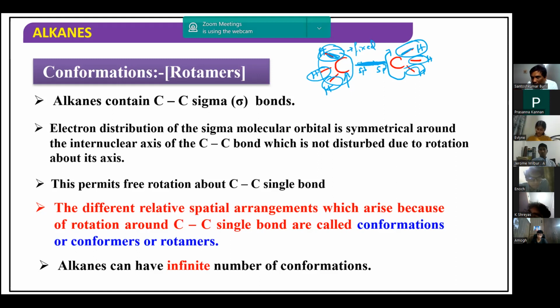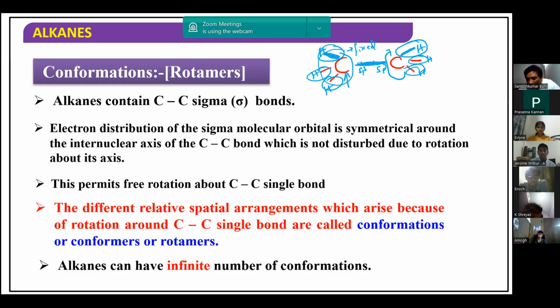When I rotate this carbon, the spatial arrangement of this CH bond varies with respect to that CH bond. That means there is a difference in the relative spatial arrangements which arise because of rotation around the carbon-carbon single bond. We call it conformations.